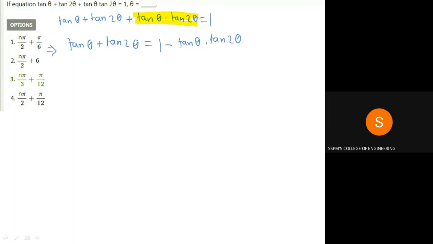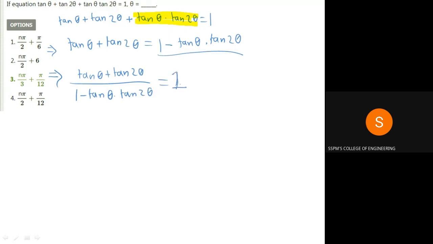Okay, this is our second step. Now what is the next step? We will take everything on the right side to the left side. How will we do it? We will divide. Tan theta plus tan 2 theta divided by 1 minus tan theta into tan 2 theta. What remains on this side? 1 remains.